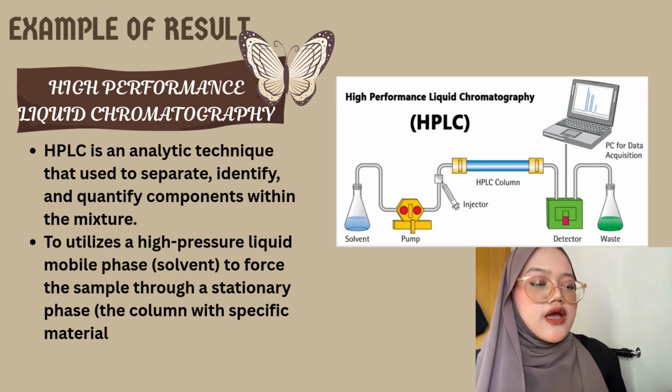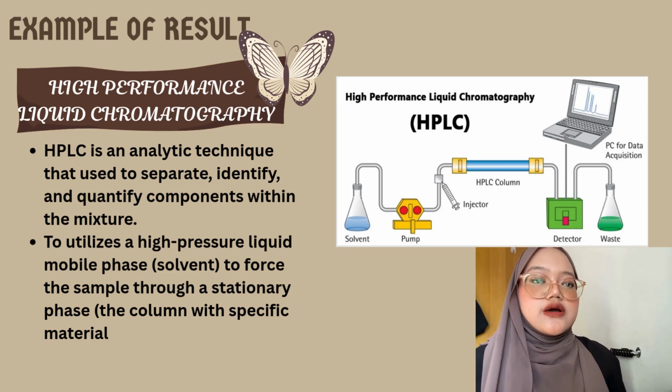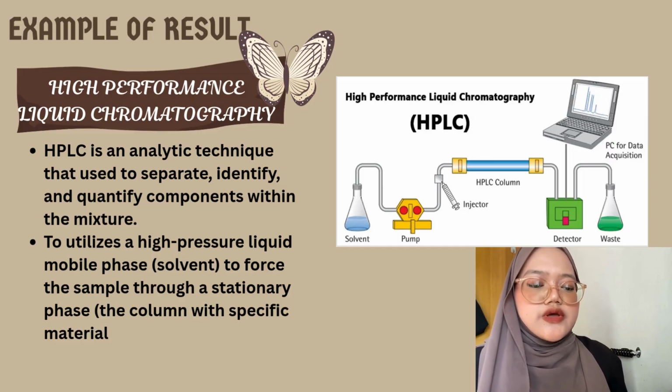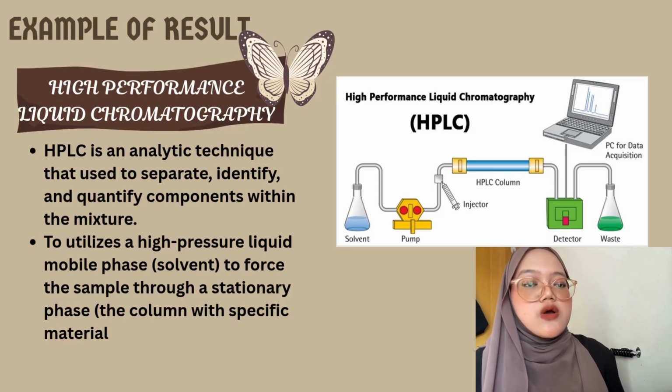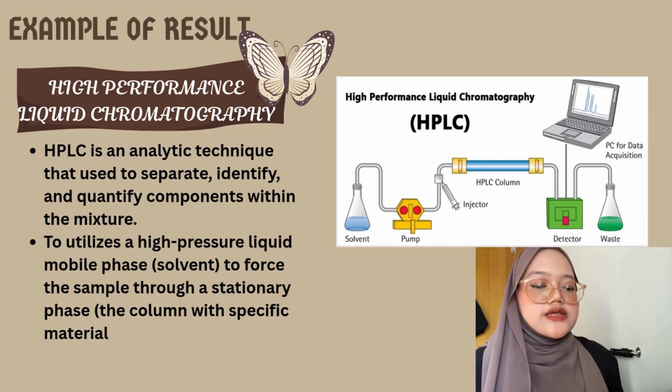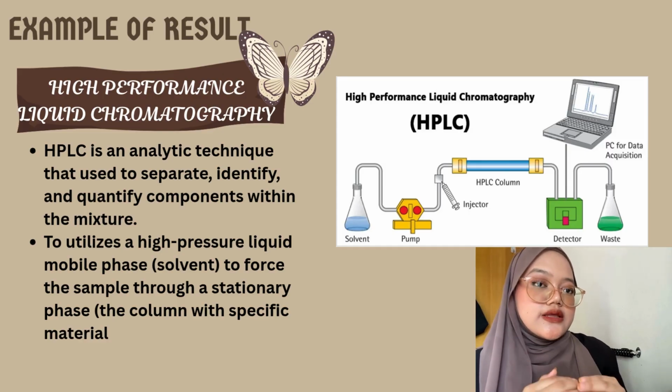Unlike GC, HPLC uses a high pressure liquid mobile phase. This solvent is pumped at high pressure through a column packed with a specific stationary phase. The interaction between the sample components and the stationary phase, along with the mobile phase, causes the components to elute at different times.